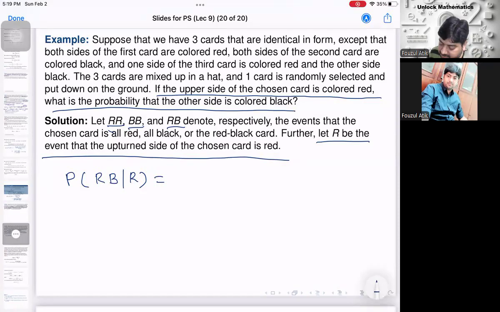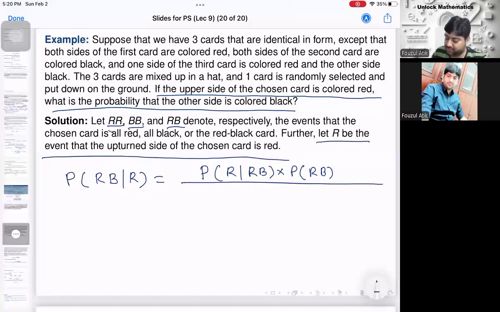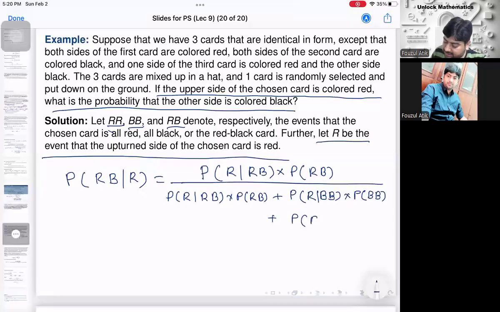So it is P of R given RB into P of RB, divided by, just applying the generalized Bayes theorem, P of R given RB into P of RB, plus P of R given BB into P of BB, plus P of R given RR into P of RR.